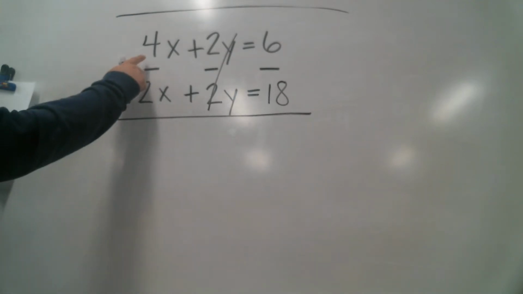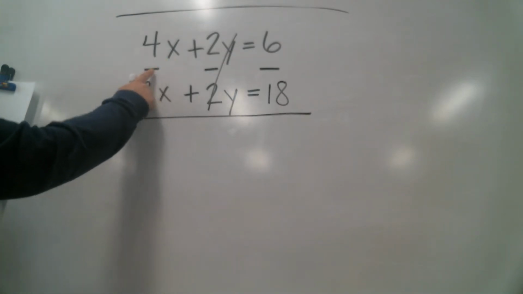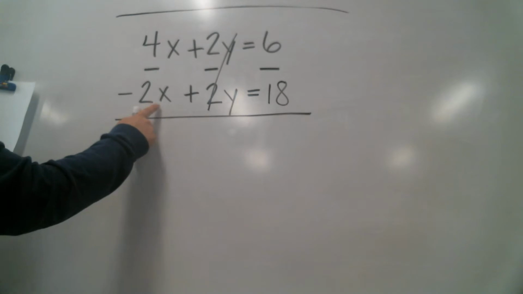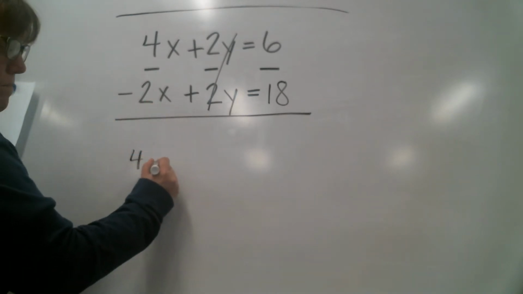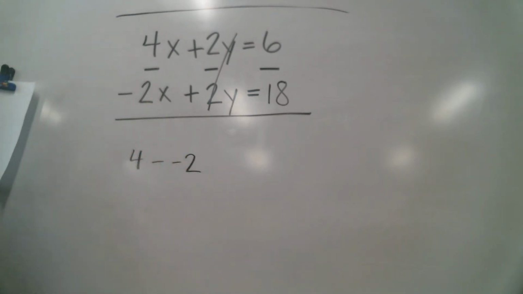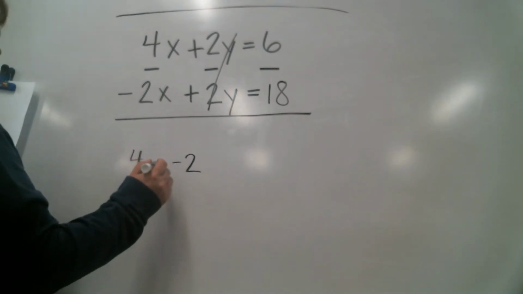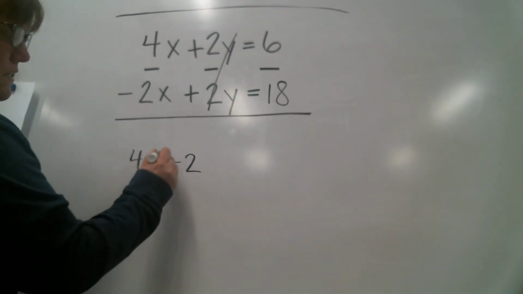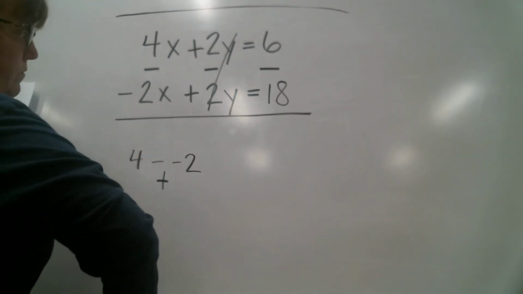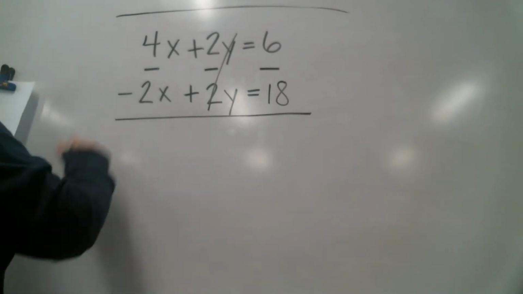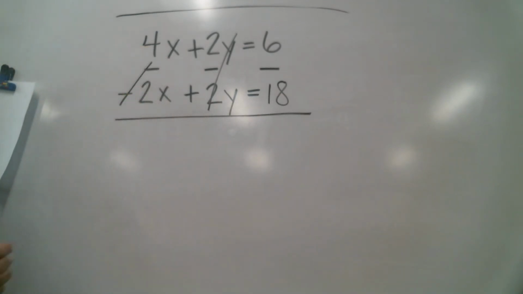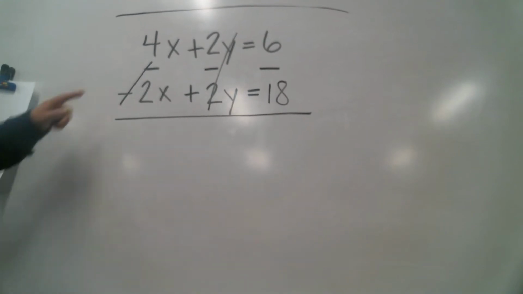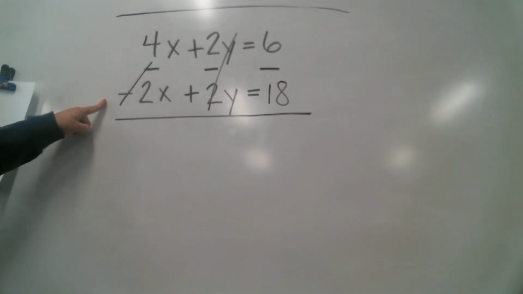Now here, 4x minus negative 2x, and 4 minus negative 2, we talked about this, means that you would need to add those together. I'm going to put a line through those subtraction signs, those negative signs, so I know that I have to add.